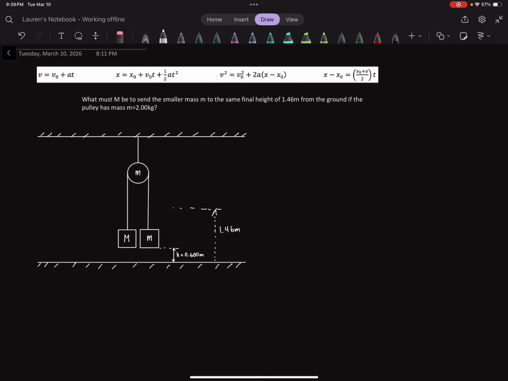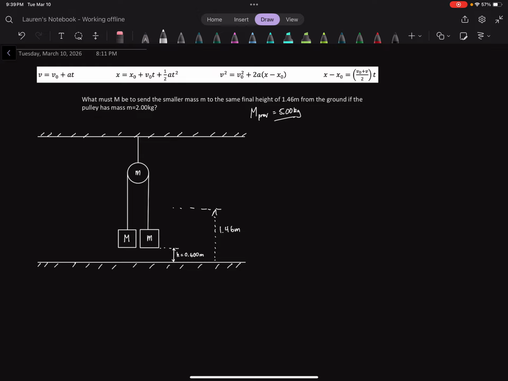So the previous M, I'll say previous, was 5 kilograms. And so just thinking about this, playing it out in our head, now that the pulley has some mass, it's going to take something to rotate that pulley.